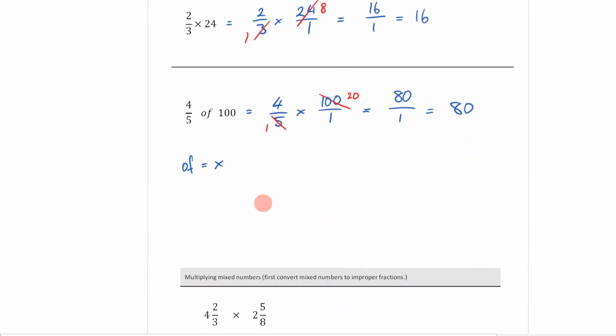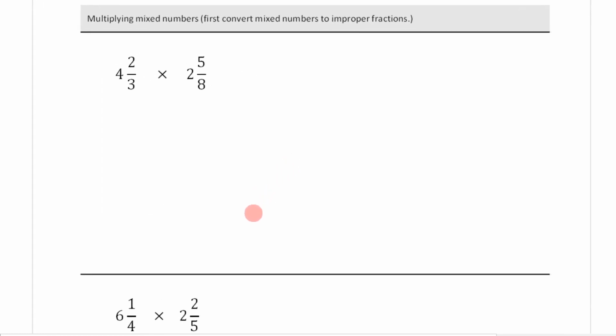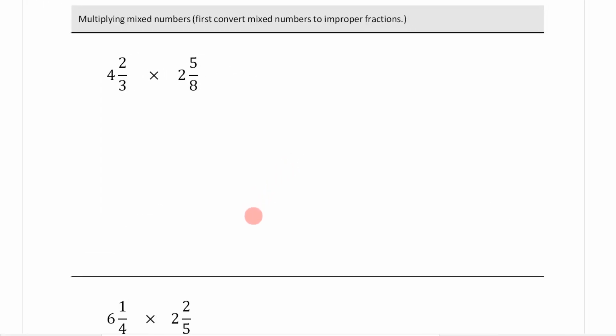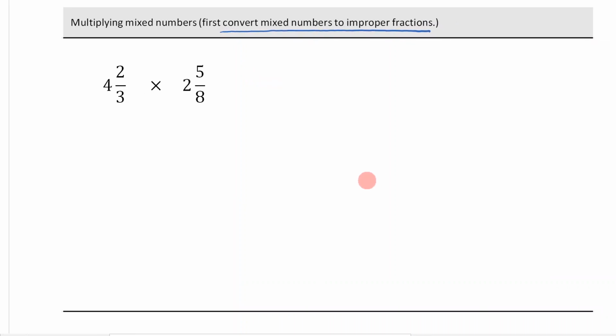Now we come on to the last thing that we need to talk about in this lesson, and then we're all done, and that is multiplying mixed numbers. Now, when you're multiplying mixed numbers, first convert mixed numbers to improper fractions. So let's give this a go. Before we do anything, we're going to convert the mixed into an improper. So I'm going to go 4 times 3, which is 12, then plus 2. 4 times 3 is 12, plus 2 is 14.